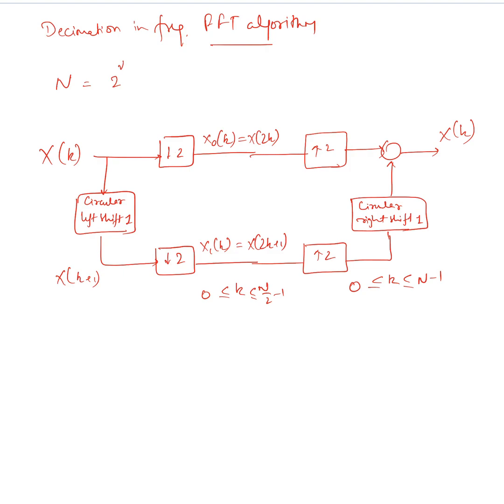So the endpoint copies of x of n do not overlap when time aliased with repetition offset capital N.